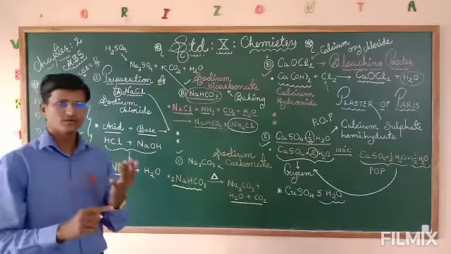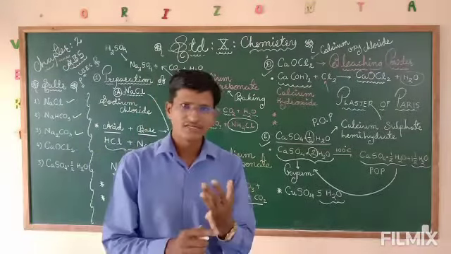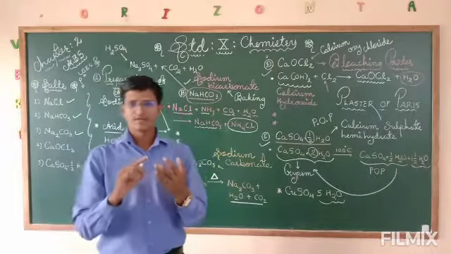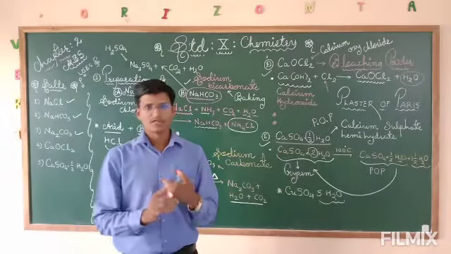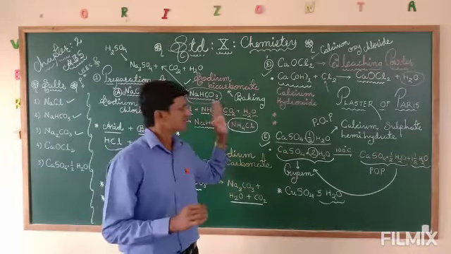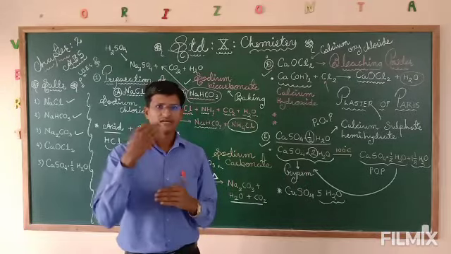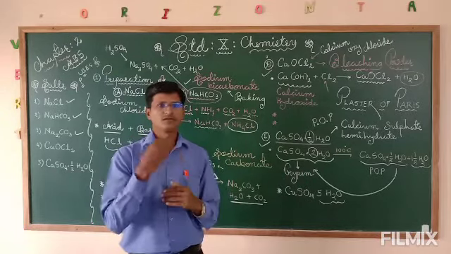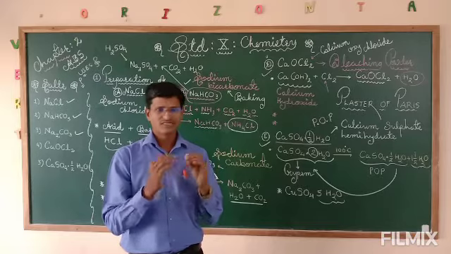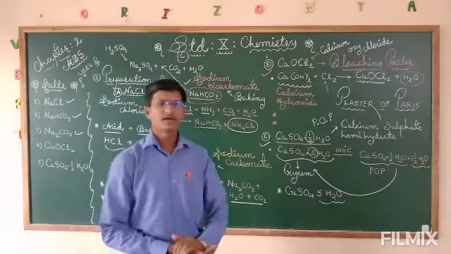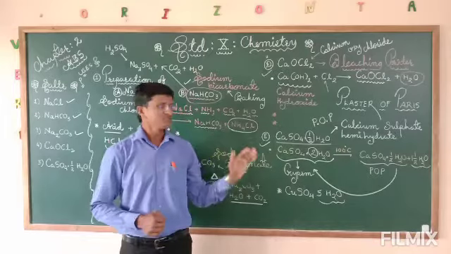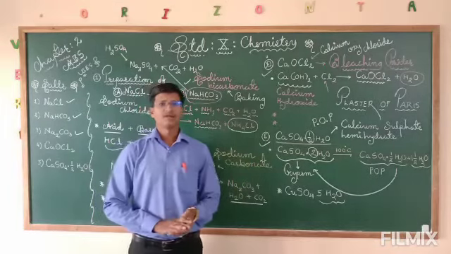All uses and properties you have to find out from the textbook. All things are there, make notes of it and prepare. This is my humble request. This is the end of this chapter, and in our coming video we will go to another chapter. So that is the first and final chapter as we complete our syllabus in chemistry. So thank you, have a nice day.